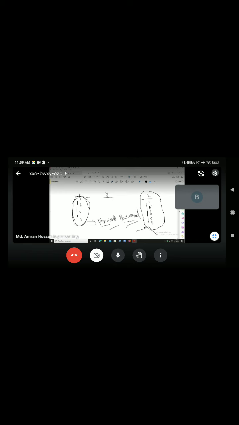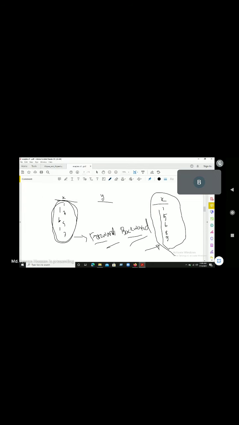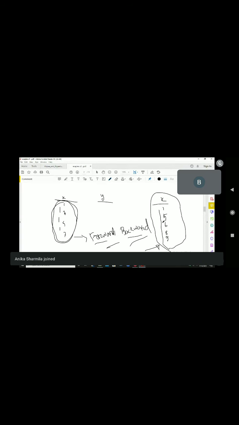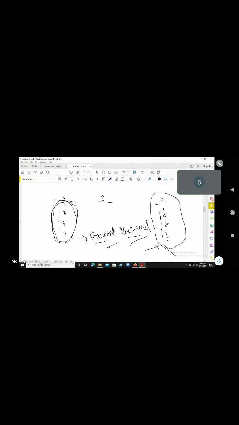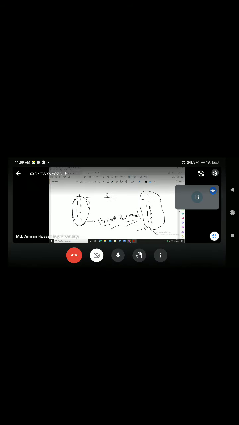We already know two methods for equally spaced data. Today I'm going to discuss another method which will help you solve these types of problems when it is unequally spaced. Is it clear?